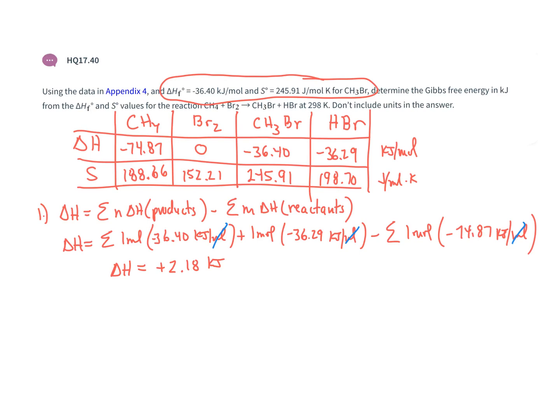Next, I need to do the same calculation for my entropy using the same equation, except instead of the summation of the enthalpies, it's the summation of the entropy. That calculation looks like entropy equals the summation of what's the entropy for the products minus the summation of how many moles and the entropy that I have for the reactants. Again, I'm going to go ahead and just plug everything in that I have from the table above.